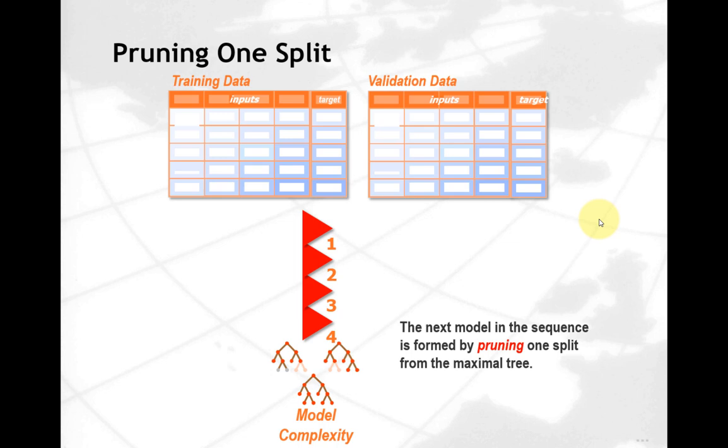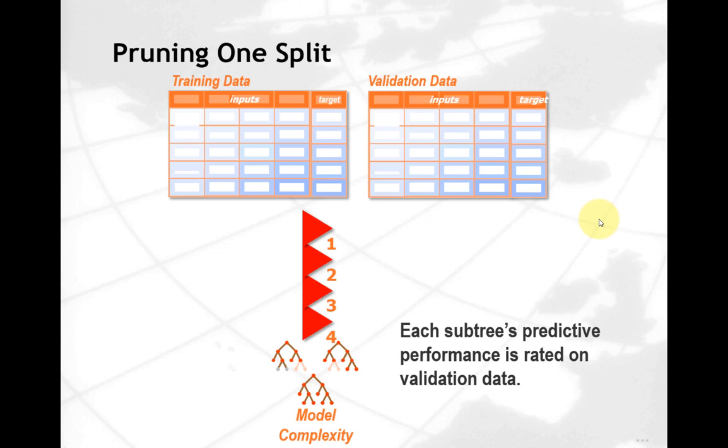So SAS will look at all the alternatives and prune, and then calculate the performance of these 2 trees with regard to the training and validation. Right, so you have a result.